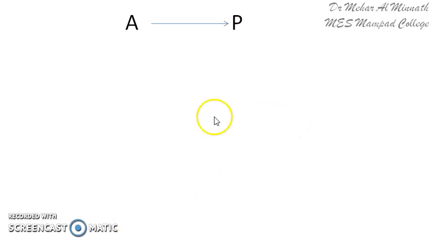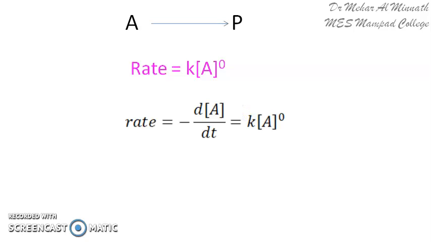Now let us take up a general reaction, reactant A giving product P. If we are assuming this to be a zero order reaction, then the rate equation will be rate equal to k into concentration of A to the power of 0. The same rate can also be written in terms of decrease in concentration of A as rate equal to minus dA by dt.